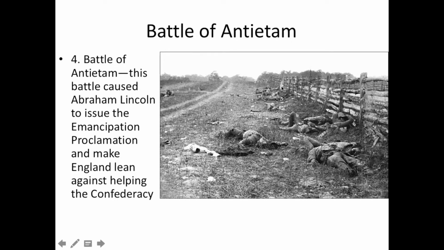They're seeing their children, their sons, being murdered, and the people in the north are saying, for what? We should just let the south go on their own as they please and not have to go through all of this. So Lincoln is going to have to inspire these people somehow, and one way he's going to do that is after this battle and how bloody it is, he'll issue the Emancipation Proclamation, and we'll talk about it in just a minute.